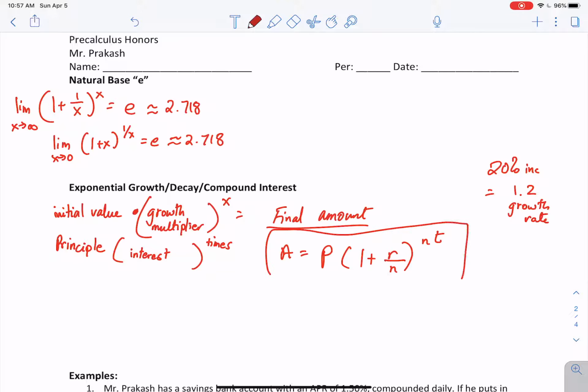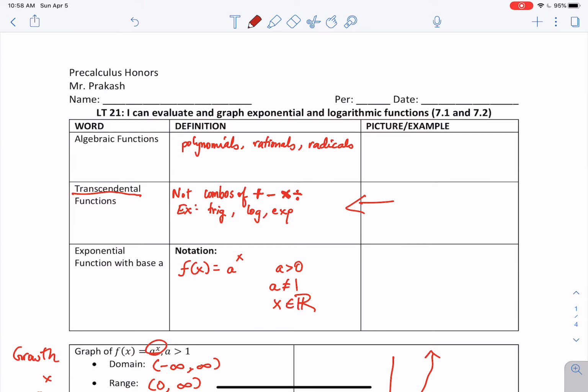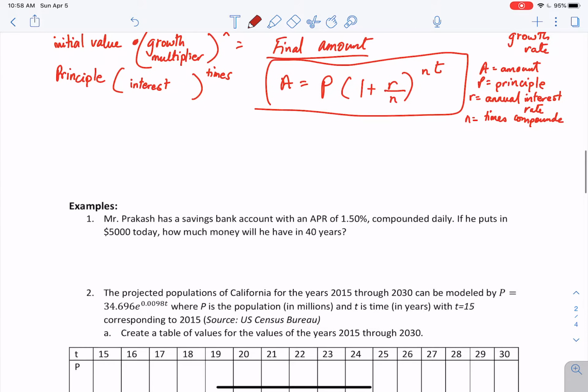And that's your compound interest formula, where A is the amount that you have at the end, P is the principal, R is the annual interest rate, N is the times you compound, and T is the number of years.